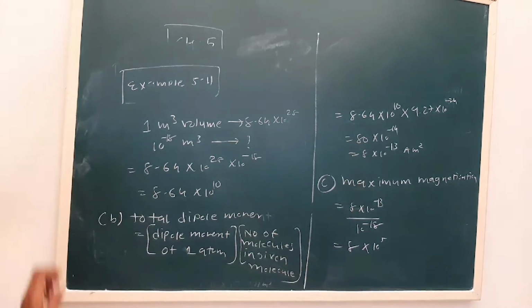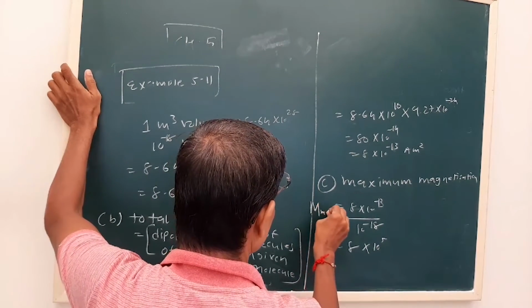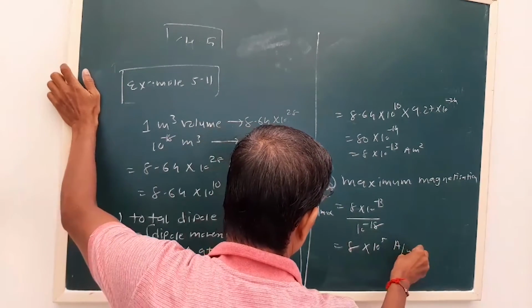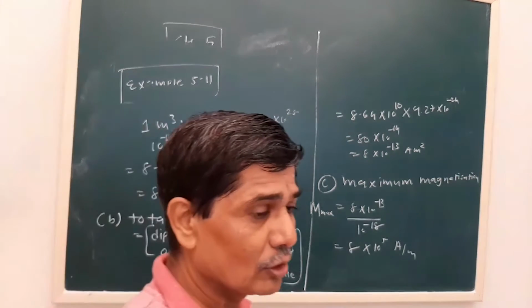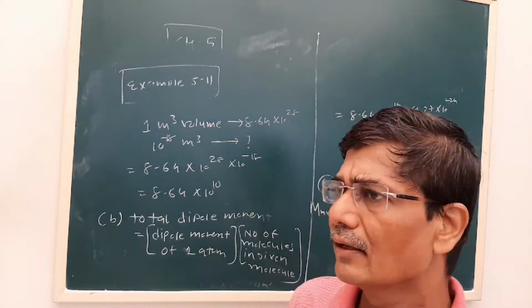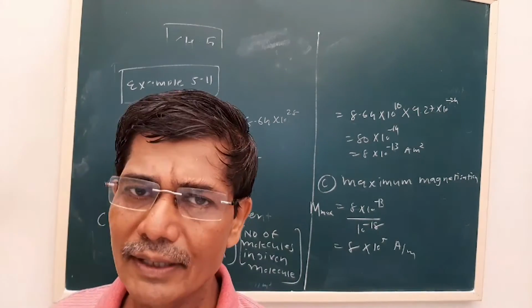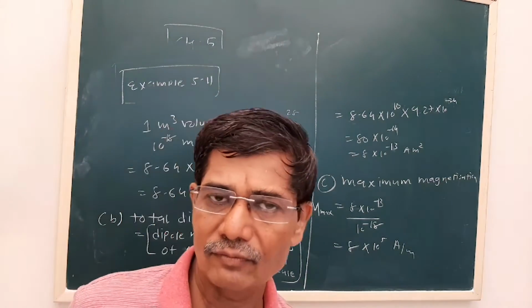Okay. Now see, what is the unit of magnetization? See, this we can call as M, is ampere per meter. Okay, this is an interesting sum. See, from the given volume, given mass and the molecular mass, or the atomic mass, and the density, we have obtained the number density, that is capital N. Now see, the dipole moment of one molecule is given.